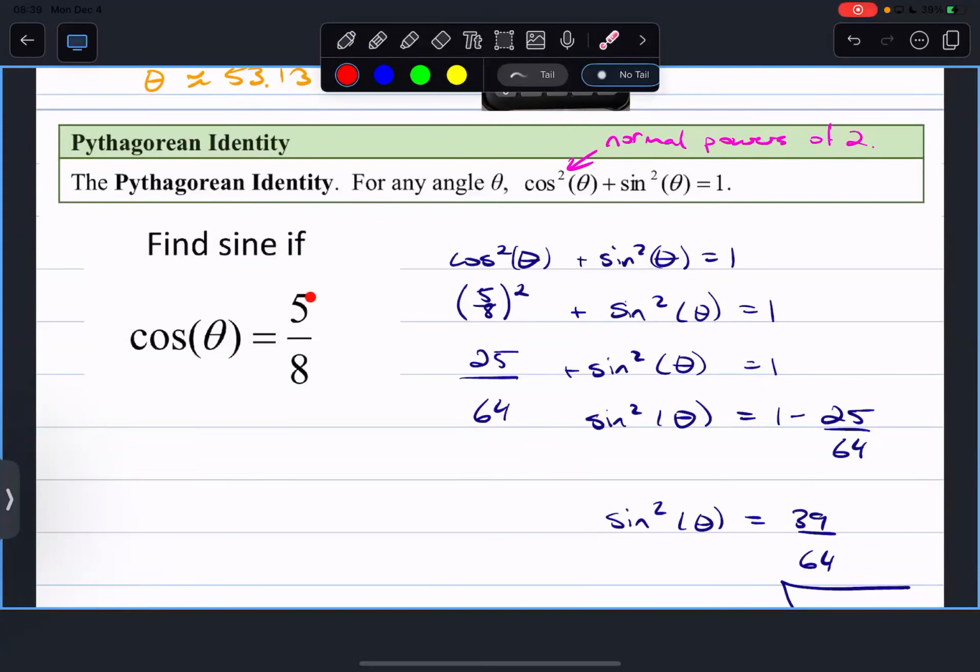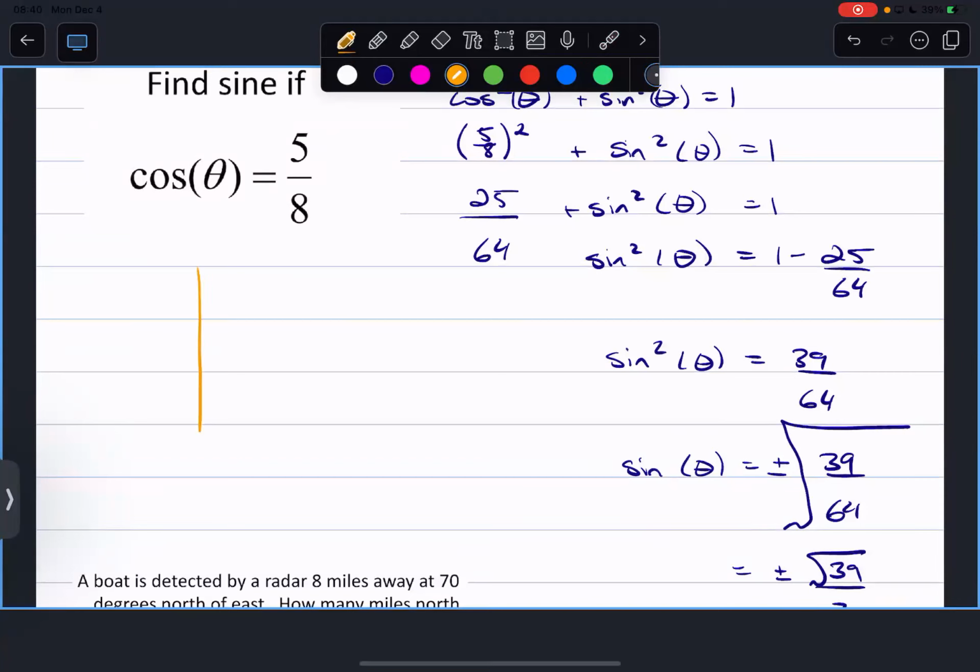If cos theta is 5/8, then where are we? Here. Cos is adjacent over hypotenuse, so if I have some theta here, then I've got 5 and 8.